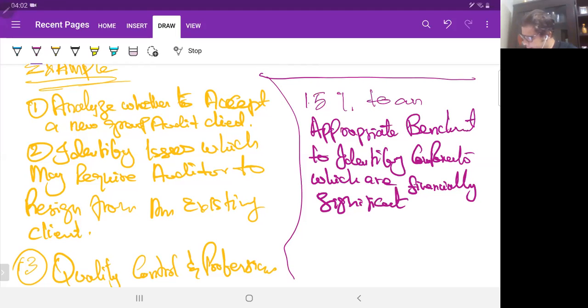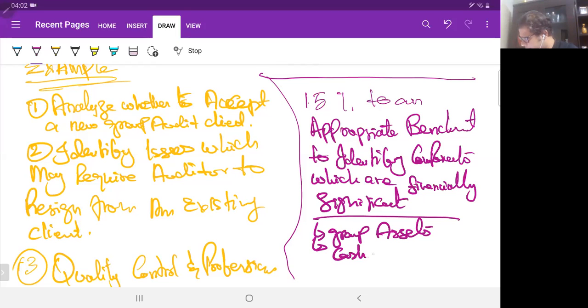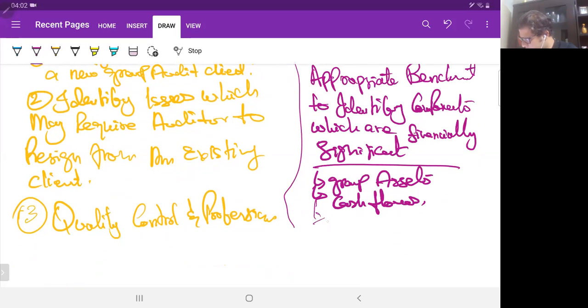For example, it can include 15% of group assets, cash flows, profits, or turnover, right?